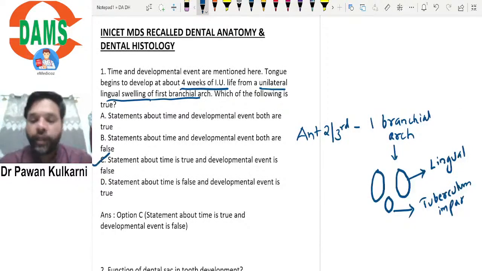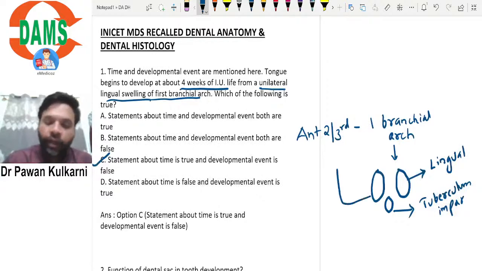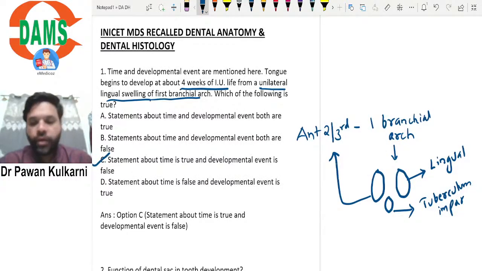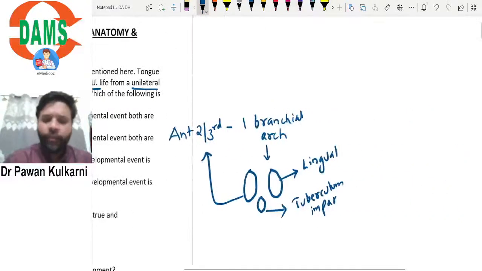The two lateral lingual swellings overgrow the one tuberculum impar, and that leads to the anterior two-third of the tongue. So the ventral aspect of the first pharyngeal arch gives rise to two lateral lingual swellings and one median tuberculum impar, and the lateral swellings cover over it. How does the posterior one-third of the tongue form?